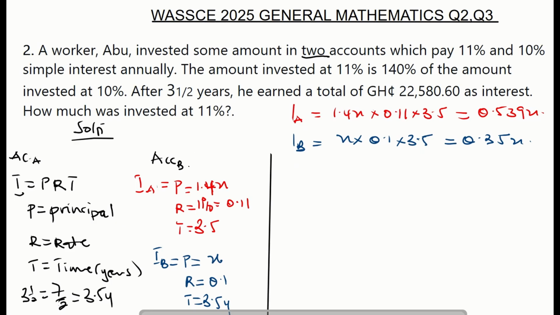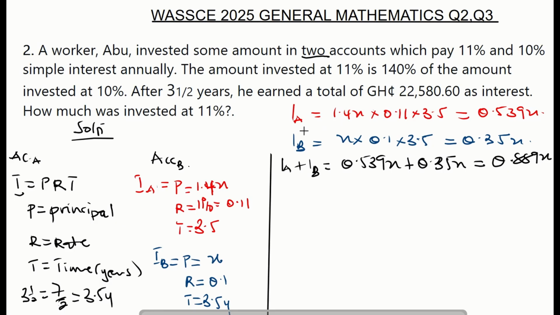This will be equal to IA plus IB, which is 0.539x plus 0.35x, and this should be equal to 0.889x, which is the total interest on both accounts.